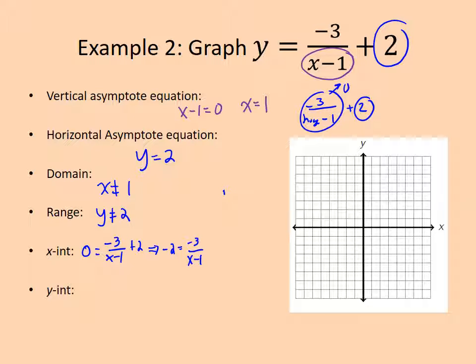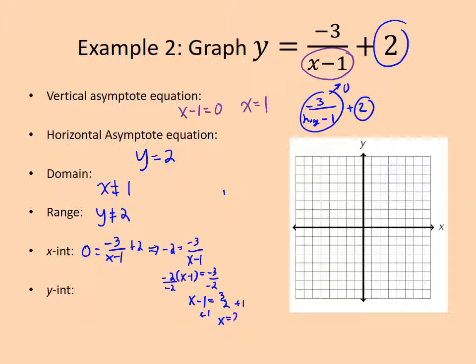Now we can multiply both sides by x minus 1. So we get -2 times x minus 1 equals -3. We can divide by -2. So we have x minus 1 equals 3/2. And we can add 1.